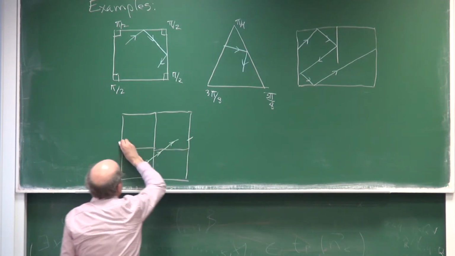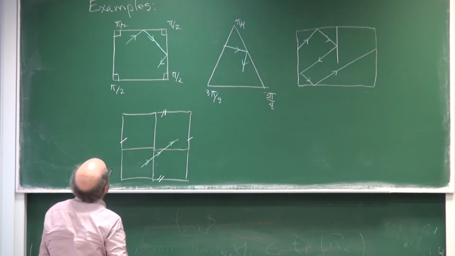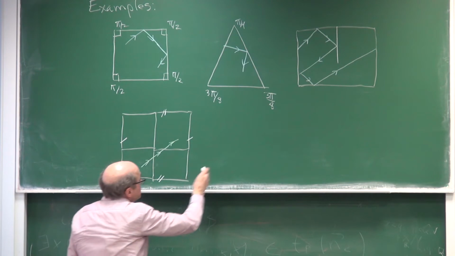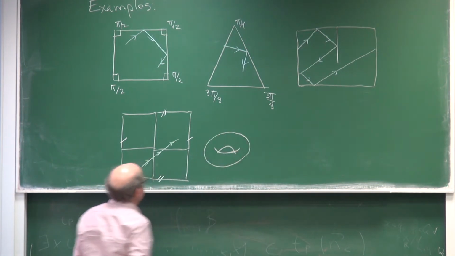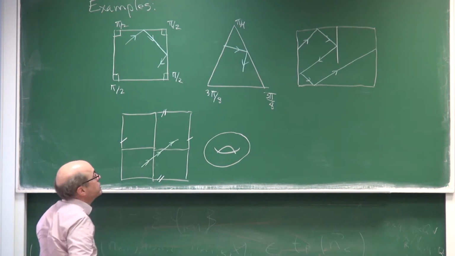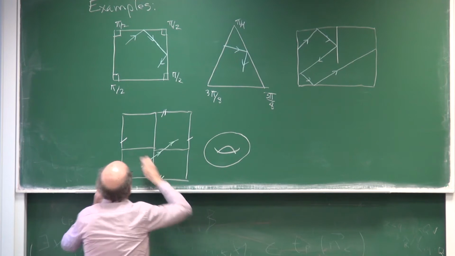And we can think, in this case, of our billiard flow as a straight line flow on the torus. So here we have the flat torus, and we're looking at the straight line flow. So that would be case 1.